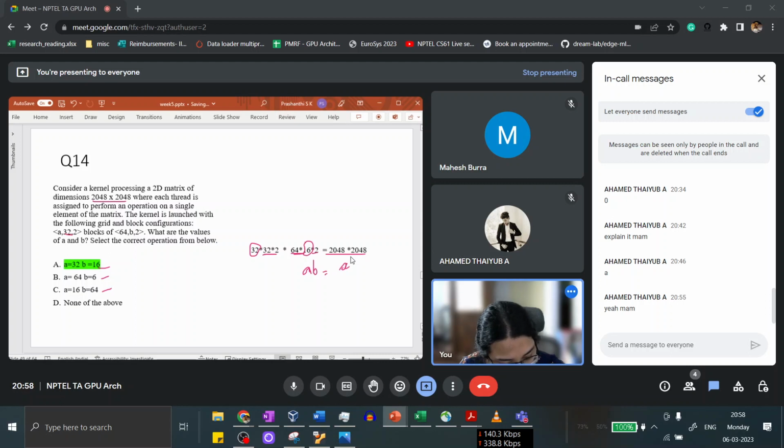So let me just work that out. 2048 into 2048 divided by 64, again divided by 64 divided by 2, which comes to 512. And so you need to see which of these options come out to be a product of 512, right? So 32 into 16 gives you 512, whereas 64 into 6 gives you 384, and 64 into 16 gives you 1024. So this is the only option that fits the bill. Therefore, your answer is A. Is this clear?